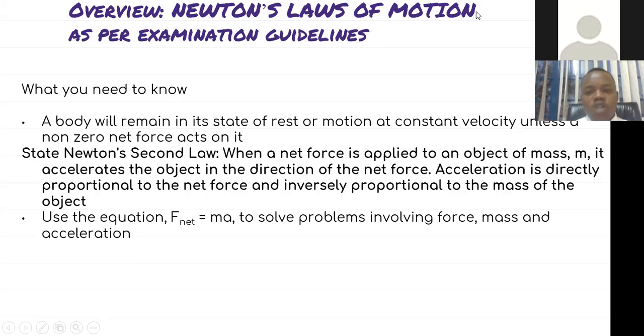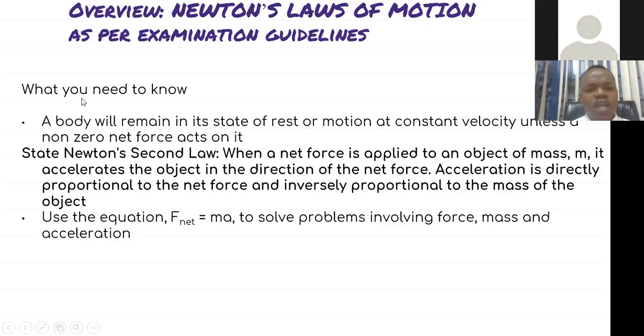Now, according to the examination guidelines, this is what you need to know. Number one, you must be able to state Newton's first law of motion. And there it is given to you. A body will remain in its state of rest or motion at constant velocity unless a non-zero net force acts on it.